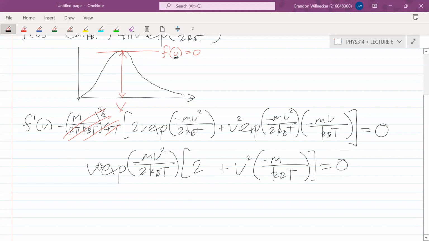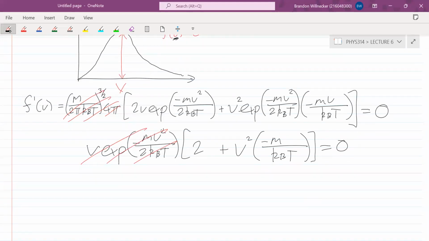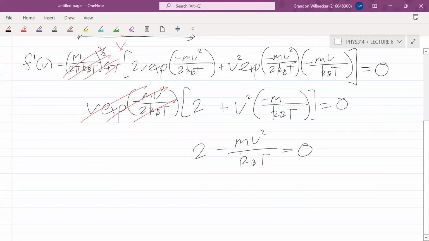Okay, so this exponential term is never going to be 0, so we can get rid of that. And we're not interested in 0 velocities, so all of that can go. So we're left with 2 minus mv squared over kBT is equal to 0.